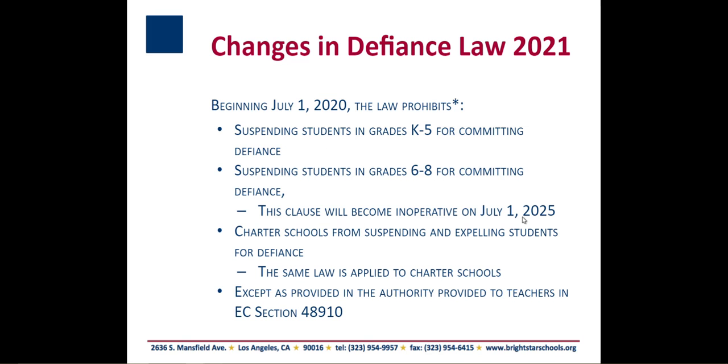From now through the end of the 2025 school year, the same applies for students in grades 6 through 8. Charter schools are actually restricted completely from suspending and expelling students for defiance. At Bright Star schools, we do not suspend any students for defiance.